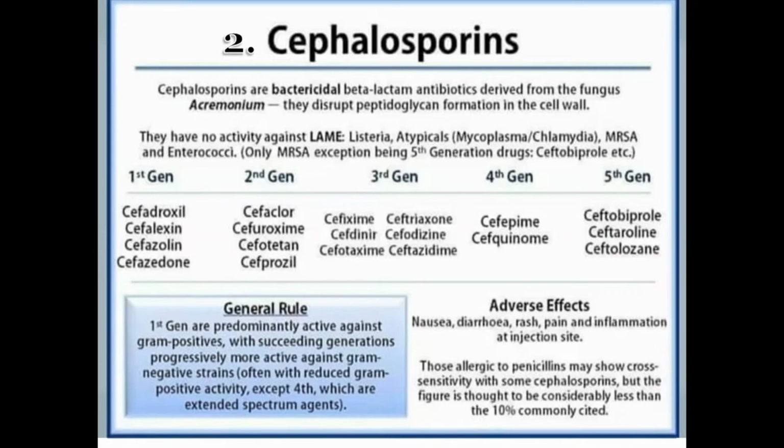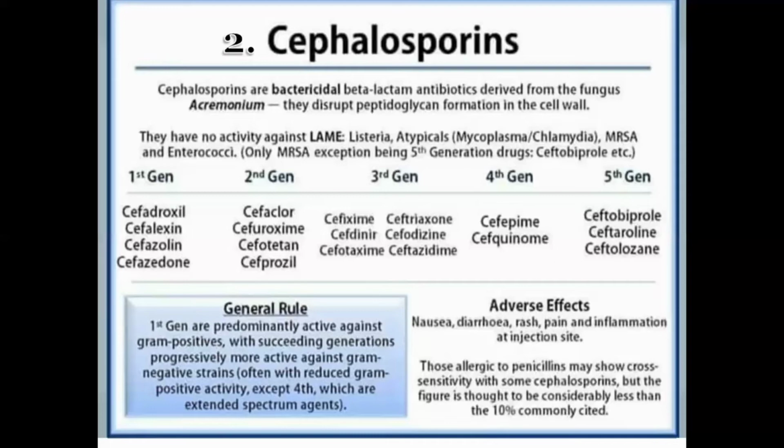So in general, we say that first generation cephalosporins are predominantly active against gram-positive bacteria, with succeeding generations progressively more active against gram-negative. So the first generation is more active against the gram-positive, while the fifth generation is more active against the gram-negative.